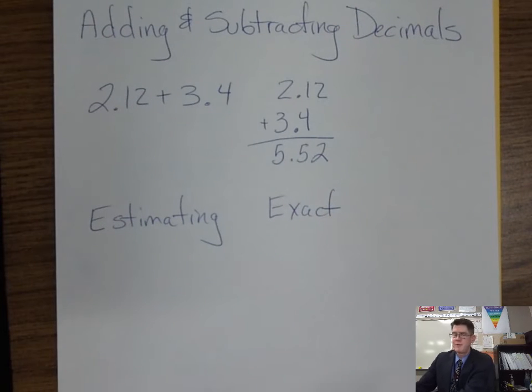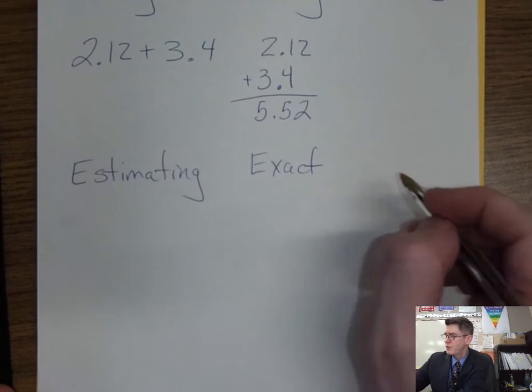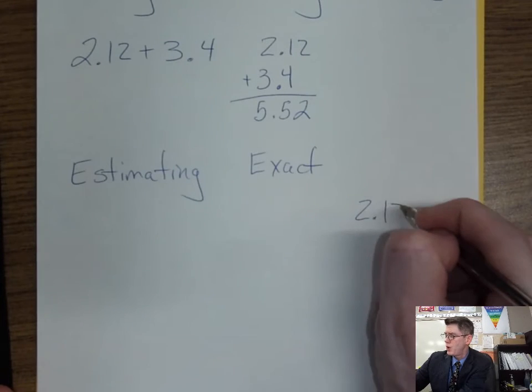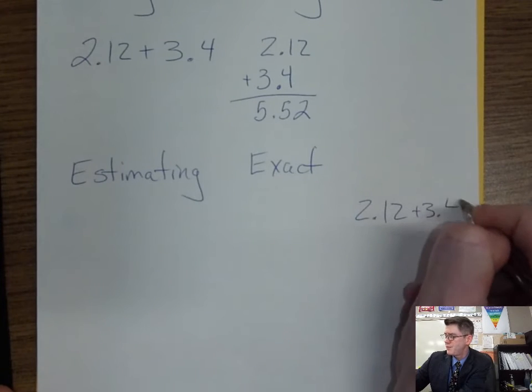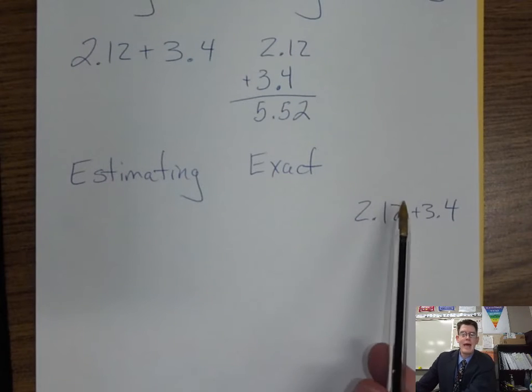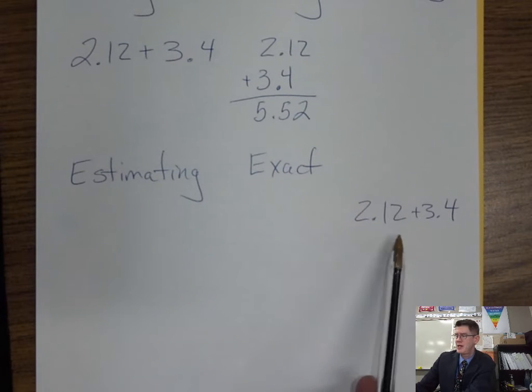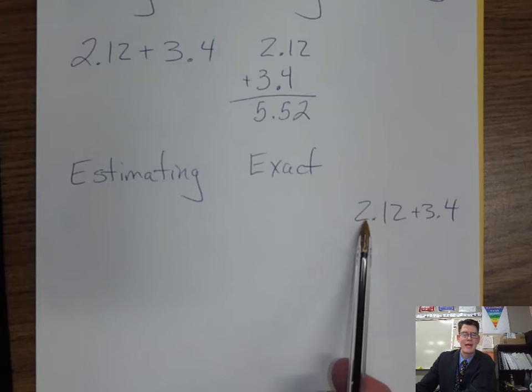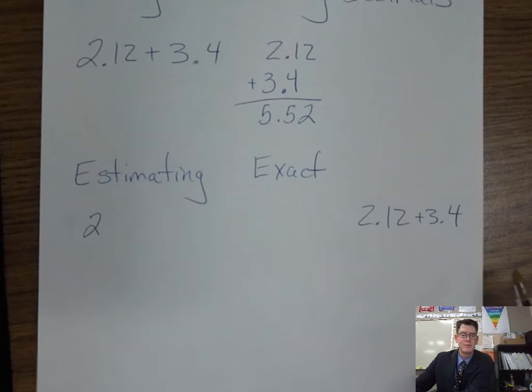So in terms of estimating, here's this 2.12 plus 3.4. Estimating means that we look at this and just kind of come up with a close number. That number we know it's about 2. And 3.4, you can estimate it a number of different ways. You can estimate it as 3, or it's 3.5 maybe.